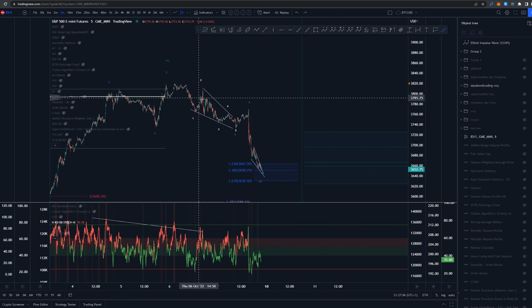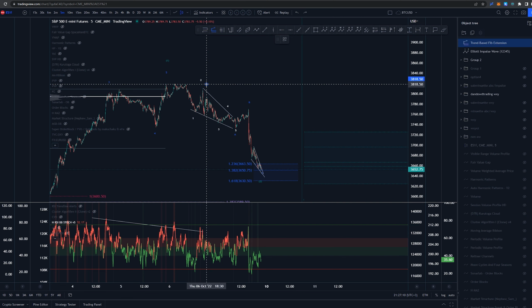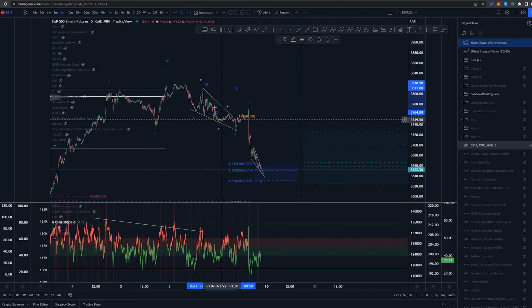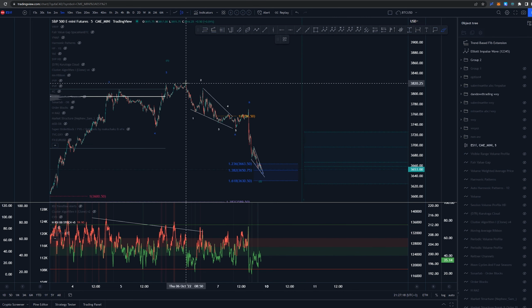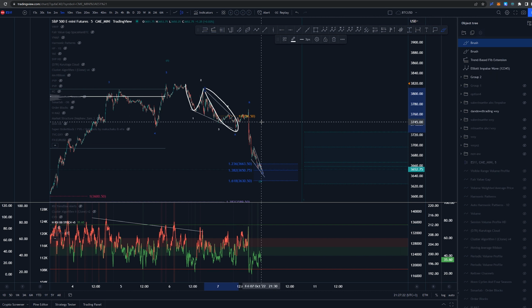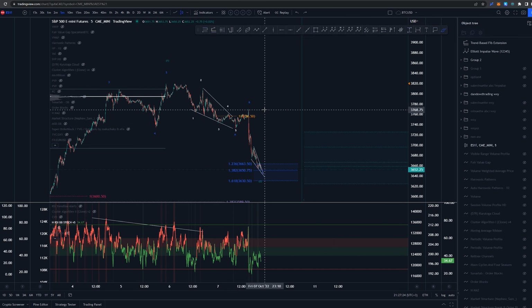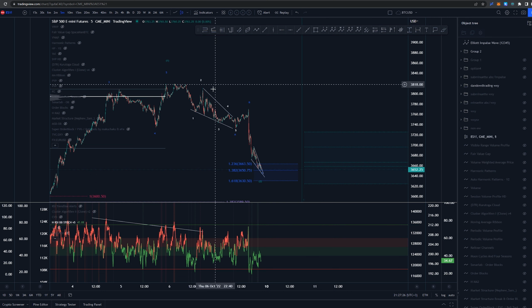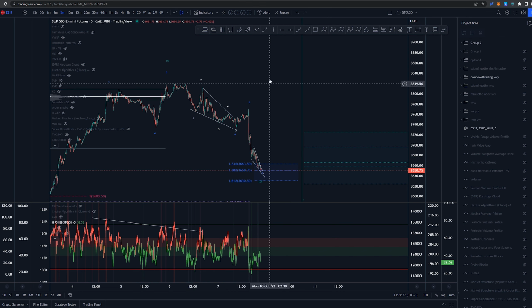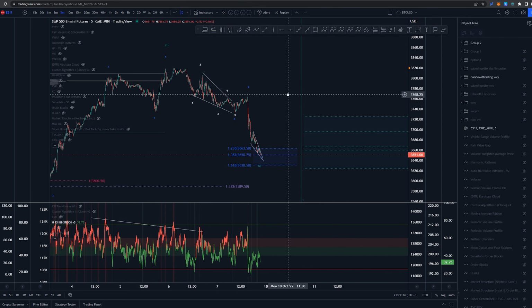It fits, but to me, based on the time aspect and the size aspect, this is much smaller than this one here. So that's why I do prefer my count a bit better. Of course, the other count is not invalid, so you could be checking into that as well.